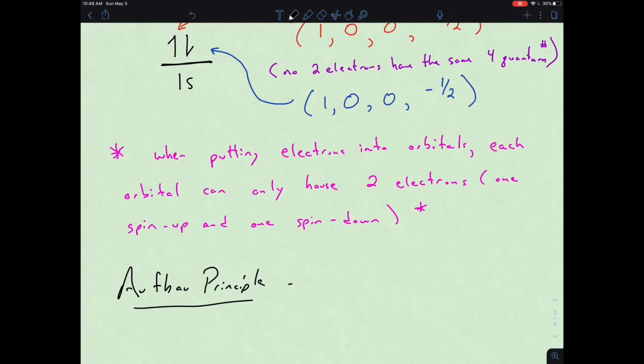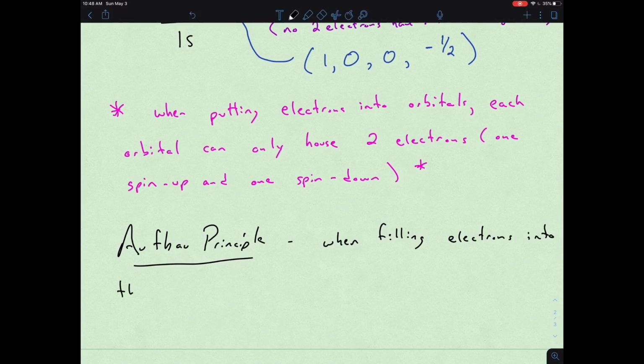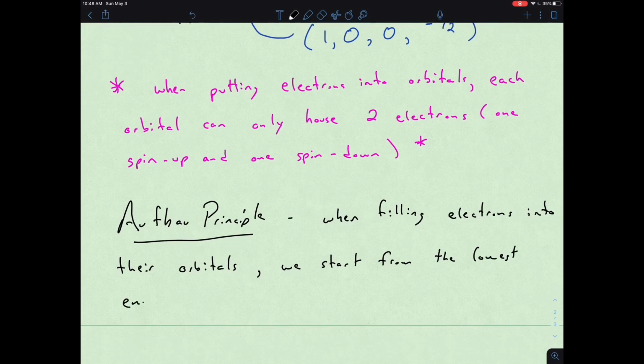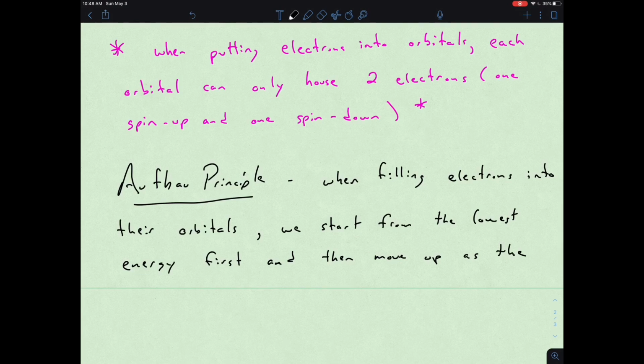And the Aufbau principle says that, when we're filling electrons into these orbitals, we start from the lowest energy first and then move up as those lower energies fill.